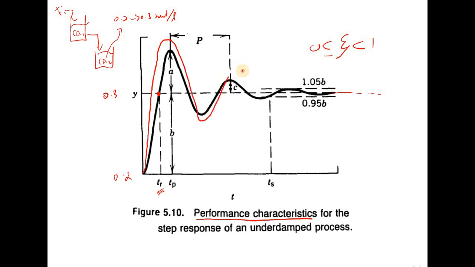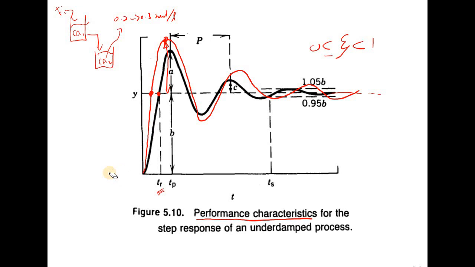It's difficult to say. The rise time here looks better, but I had a higher overshoot, so it jumped to a higher value, and sometimes jumping to a higher value is not good.